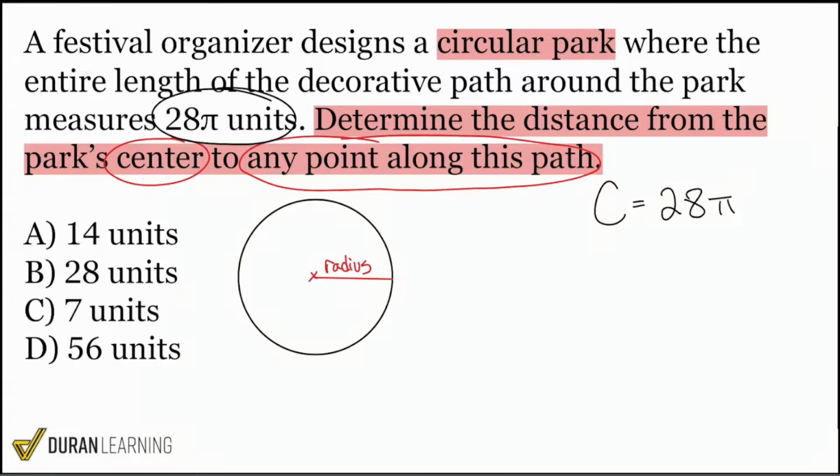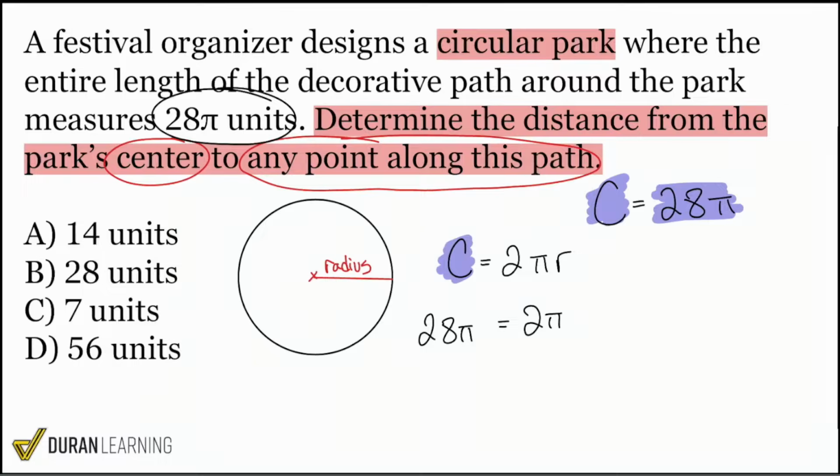Circumference equals, should give us 2 pi r. That's right. That's the formula that connects everything together. Circumference equals 2 pi r. And so what we'll do is we will replace the circumference with its actual value, which is 28 pi right here. And that's going to equal 2 pi r.